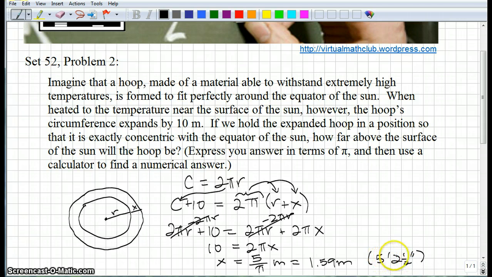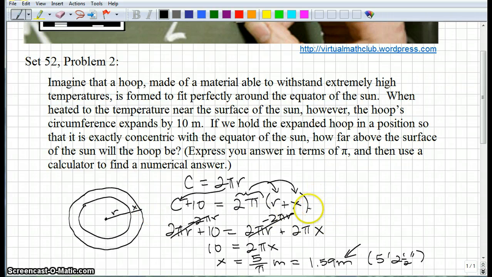It's interesting, first of all, that the r canceled. So it doesn't matter what the radius of the sun is. You're going to get that the distance between the sun's surface and the hoop is 1.59 meters.